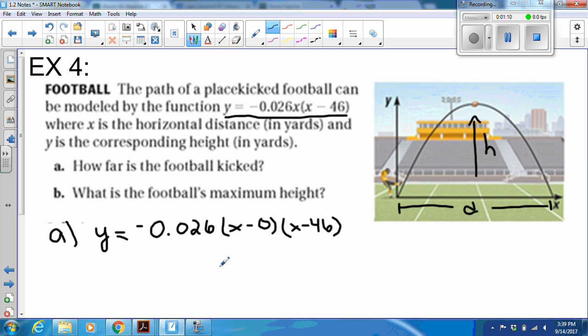So now we have it in intercept form. All we have to figure out is our p and our q. Our p in this case, remember, it's the opposite of what we see, so it's 0, and our q is 46.